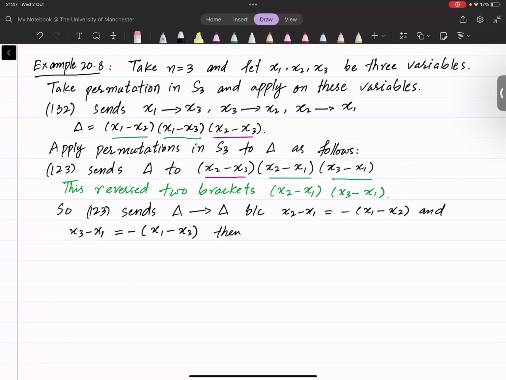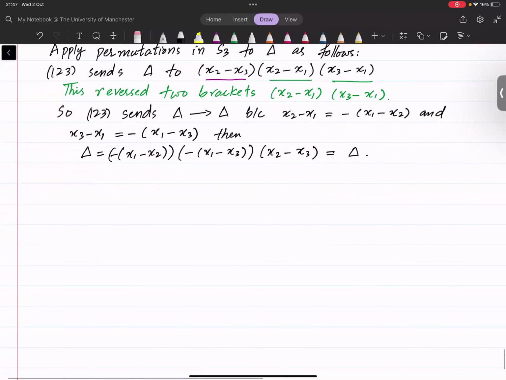Then delta is going to be minus (x1 minus x2), minus (x1 minus x3) and (x2 minus x3), which is nothing but, if you just multiply all these signs, you will have delta again. So this permutation sends delta to delta. Perfect.